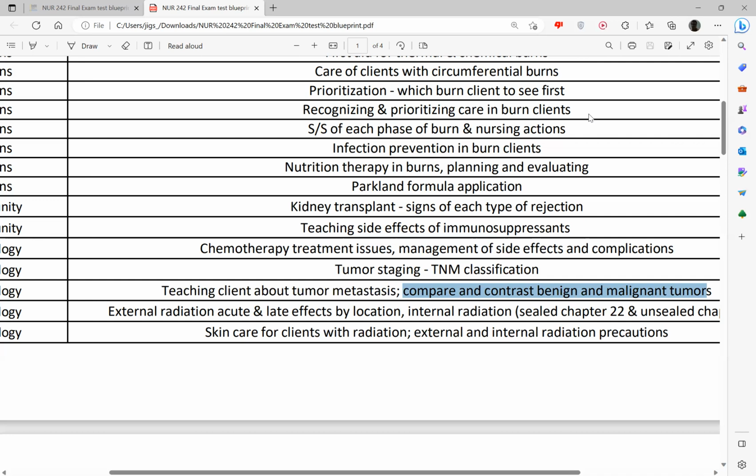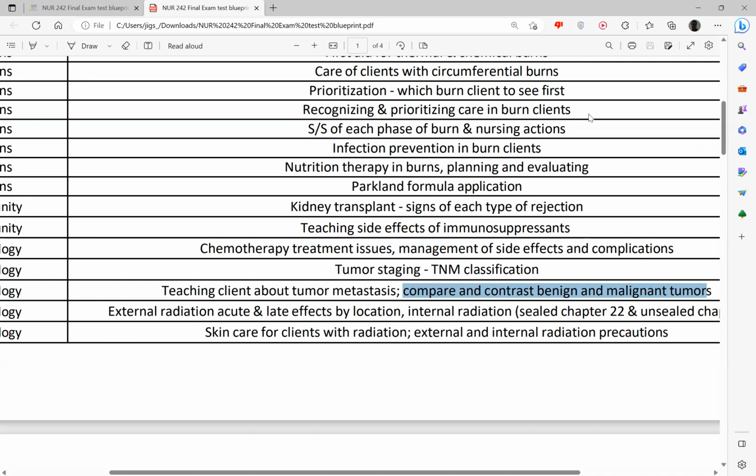Which one resembles normal cells? Benign. Which one is tightly adhered? Benign.